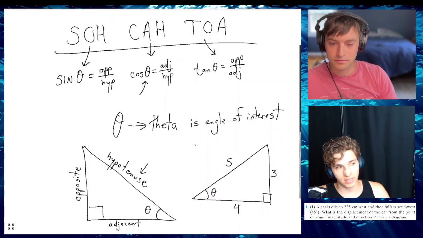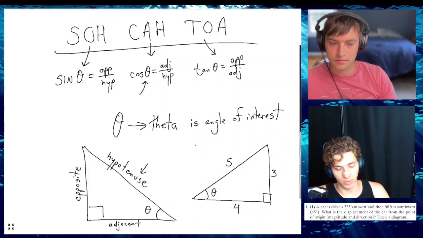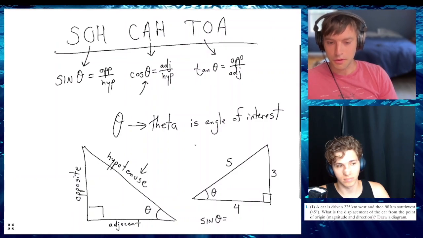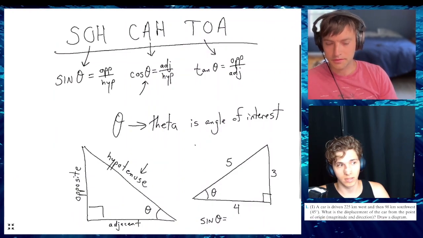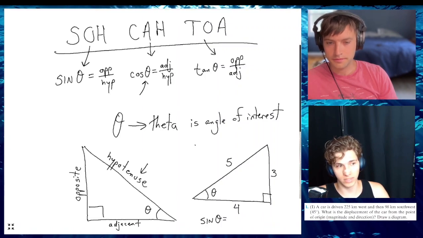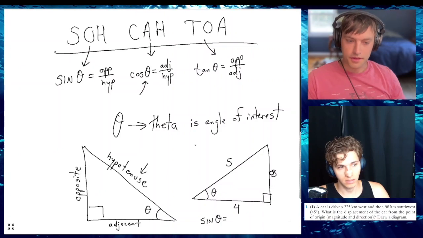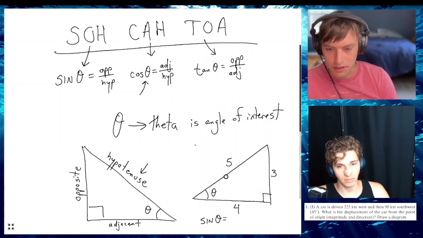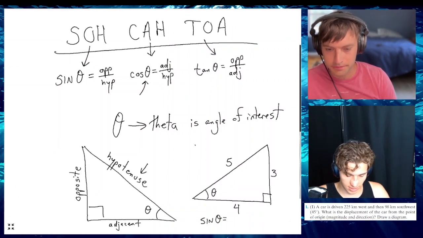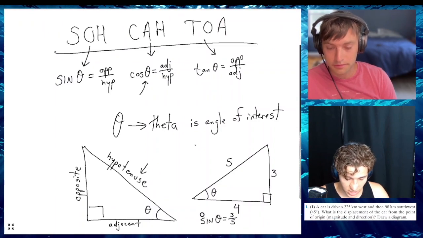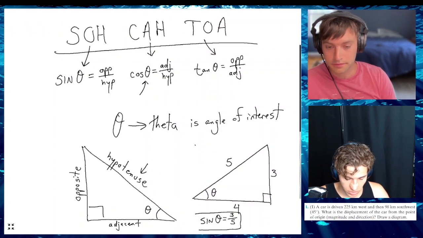What is sine of theta equal to? Sine of theta equals the opposite over the hypotenuse. Perfect. What is the opposite equal to in this case? 3. And what is the hypotenuse? 5. Right. So sine of theta equals 3/5.